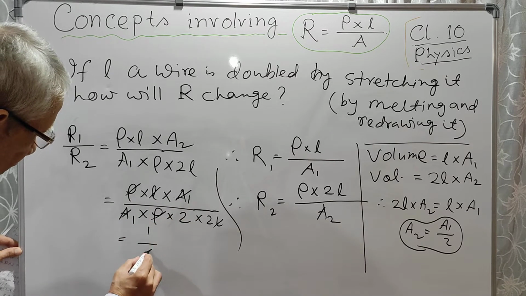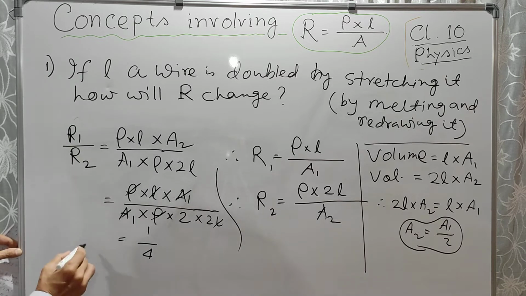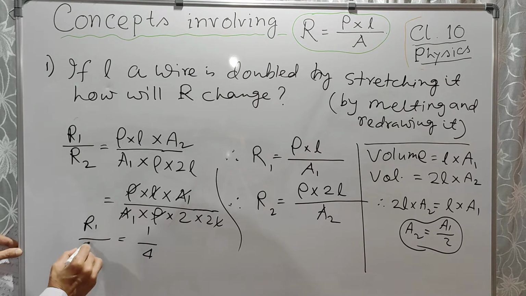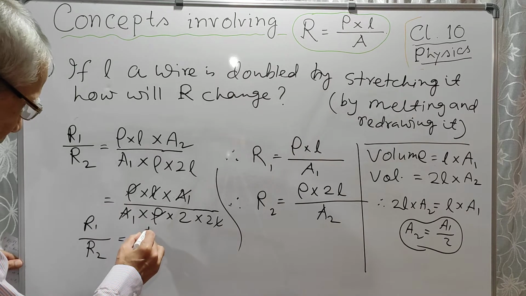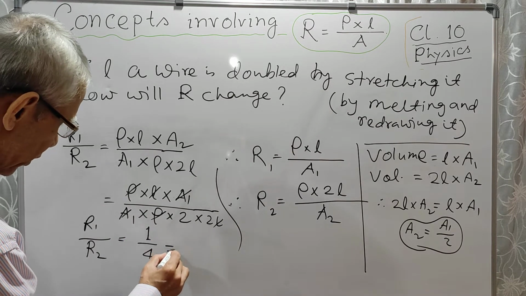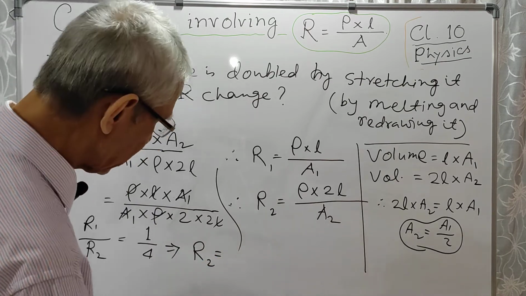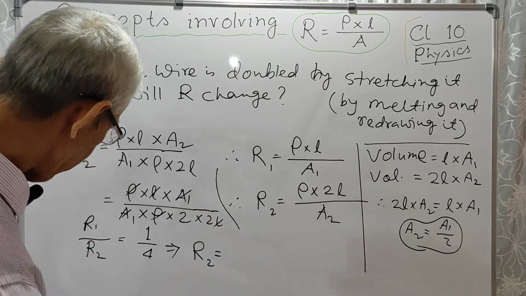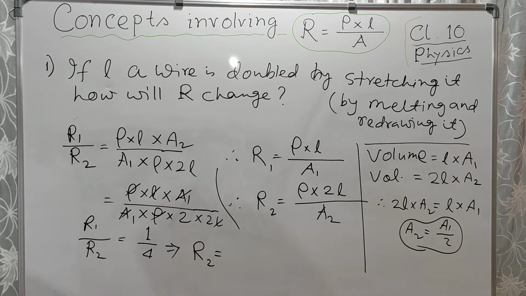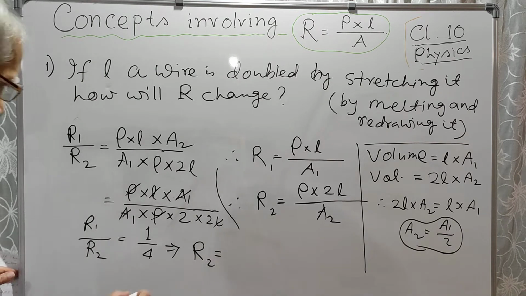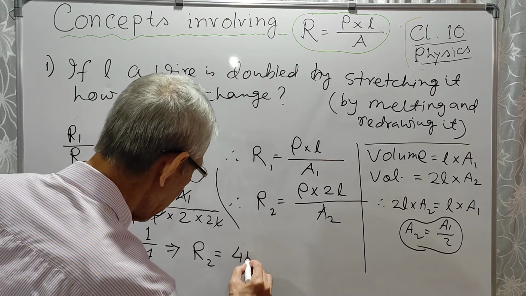What is left? 1 by 4. So R1 by R2 is 1 by 4. Okay, so this gives R2. So R2 equals 4R1.